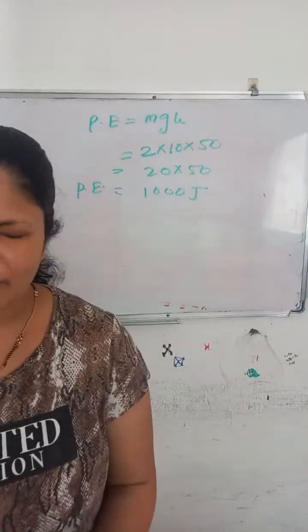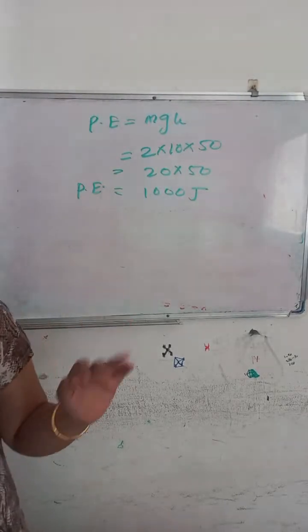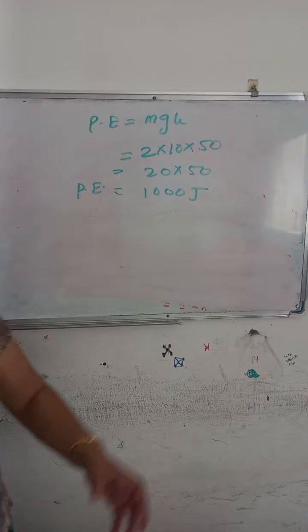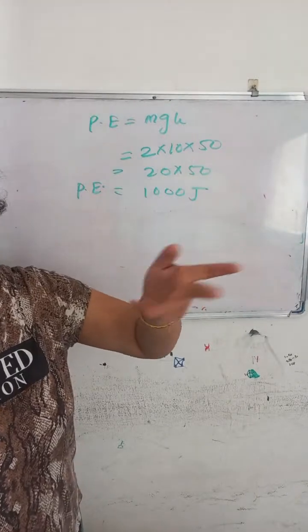Look, very important question. Students are calculating mgh, but whether this is correct or not, you have to think. They are asking, a coolie holding a luggage of 10 Newton for 10 minutes, what is its work done? See, that coolie took that weight and kept it on his head, but there is no movement.